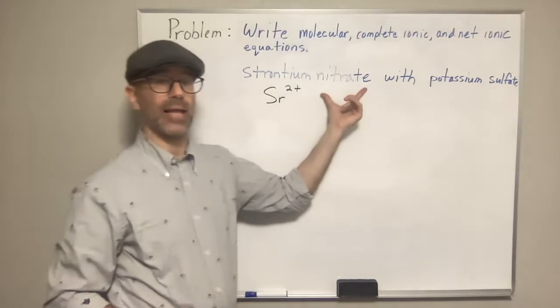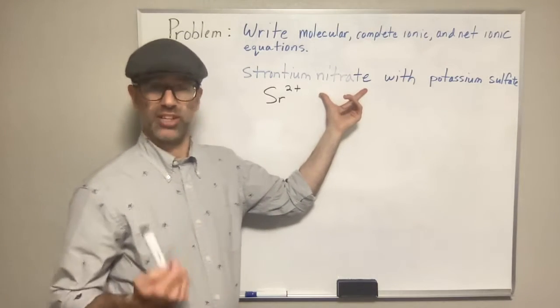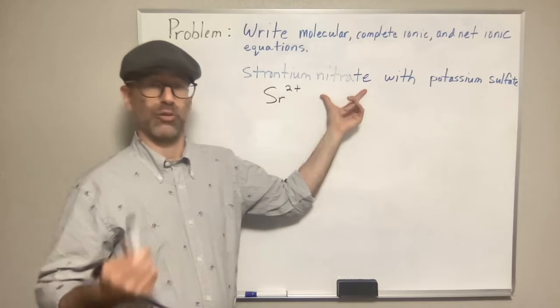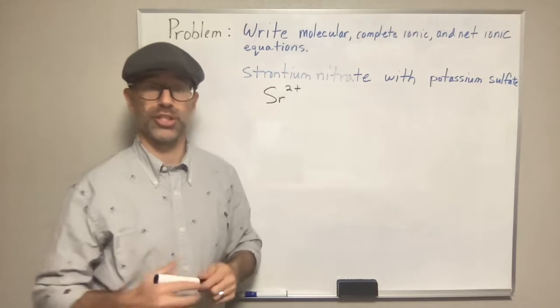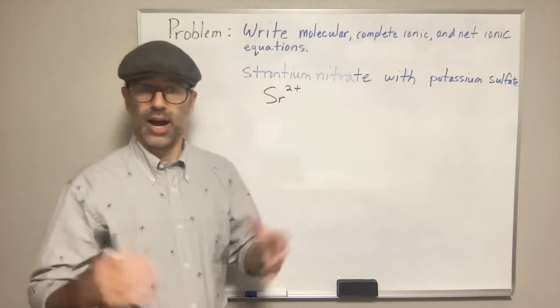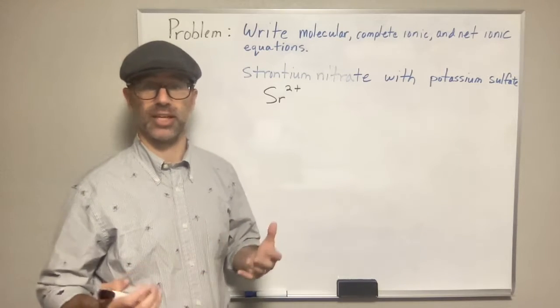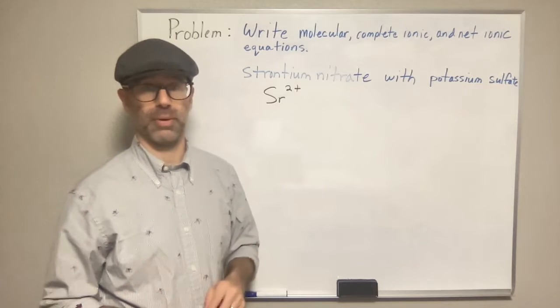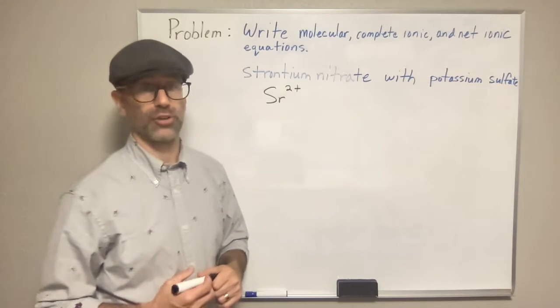And nitrate is a polyatomic ion. So you just need to know what the formula is for the polyatomic ion as well as the charge. I'm sure your teacher gave you some sort of handout with commonly used polyatomic ions and wants you to memorize those. So make sure you know that.